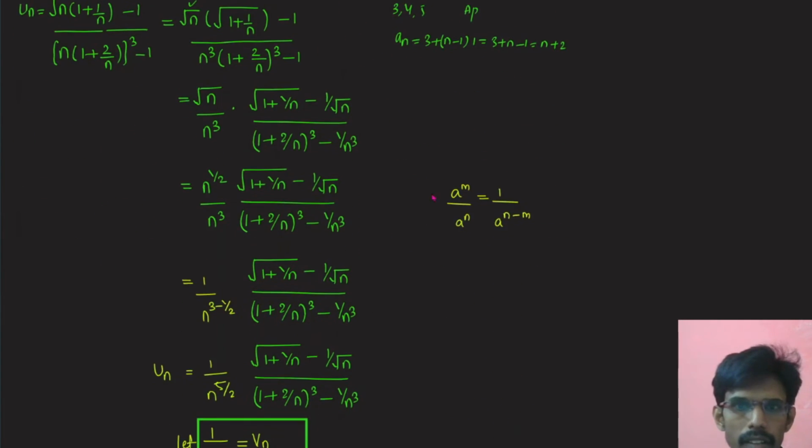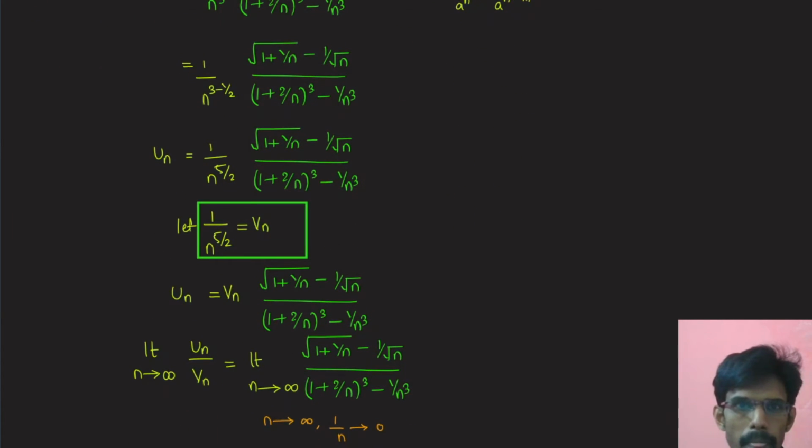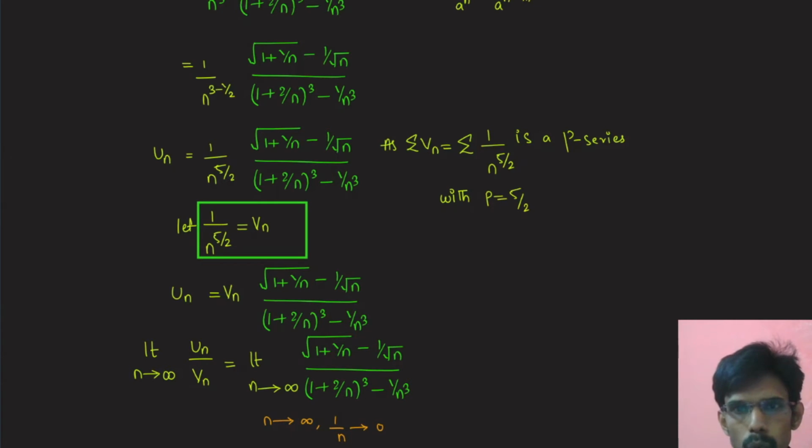Now we can say that as this Vn, as sigma Vn, value is sigma 1 by n power of 5 by 2, is a p series or auxiliary series with p equal to 5 by 2. 5 by 2 means 2.5, that is greater than 1.